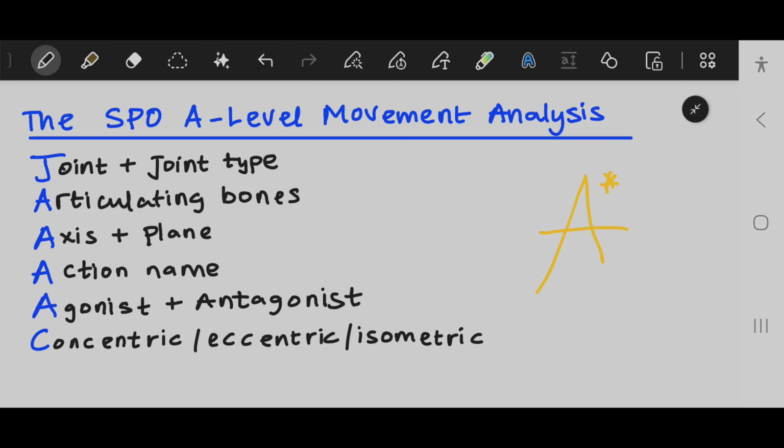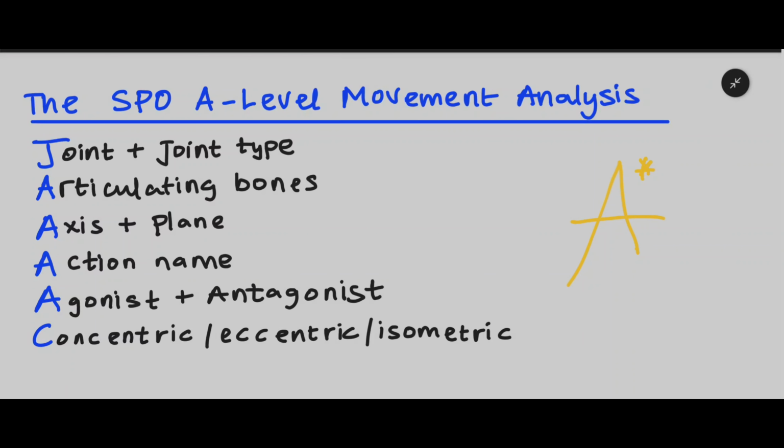And during the lowering phase, it's a similar joint action, but in the opposite direction because now extension is happening. So let's go through our 6-step method to analyze this. The joint and the joint type stays the same. Elbow joint, which is a hinge joint, articulating bones stay the same. The radius, ulna, humerus. Plane and axis, again, stays the same. Sagittal plane, transverse axis.